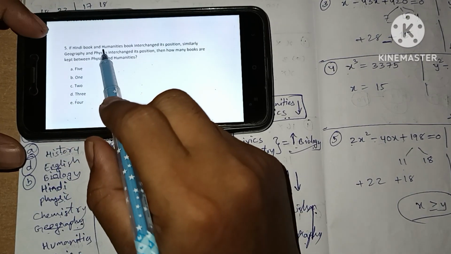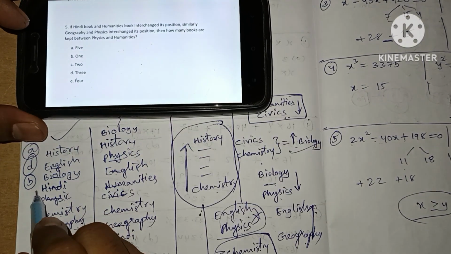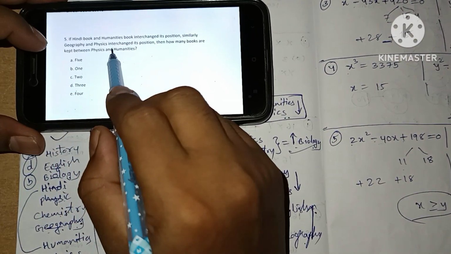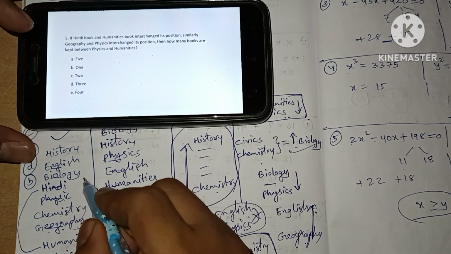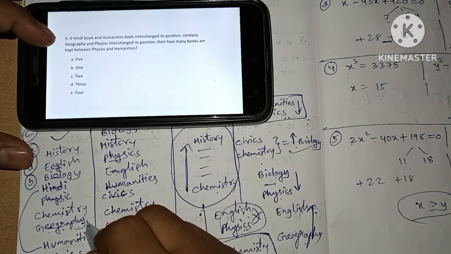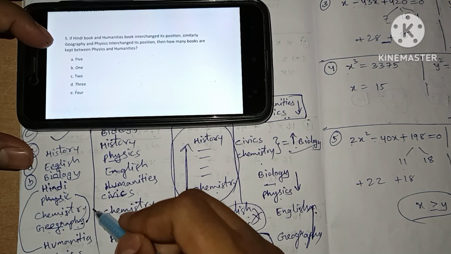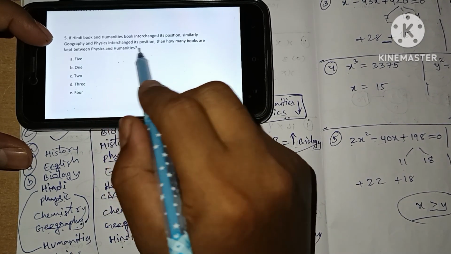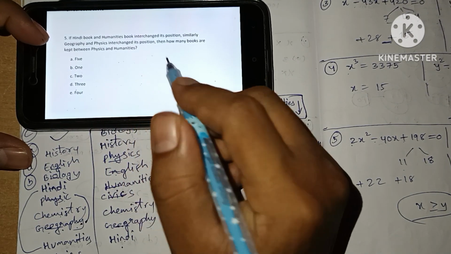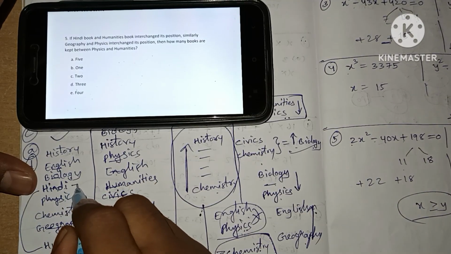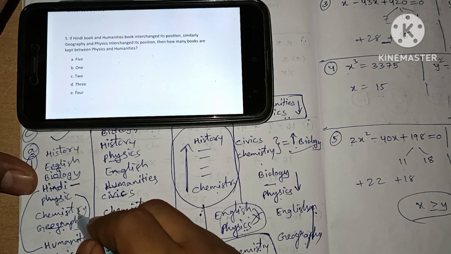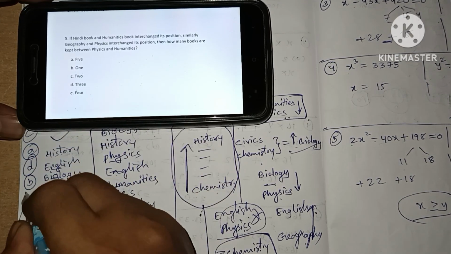If Hindi book and humanities book are interchanged, and similarly geography and physics are interchanged, then how many books are kept between physics and humanities? This is the place for humanities now, and this is the place for physics. There are 2 books in between them. So answer will be C, 2.